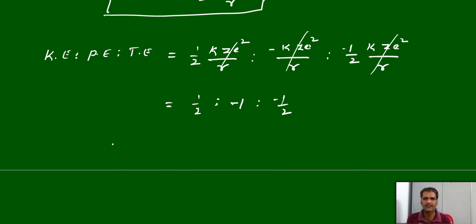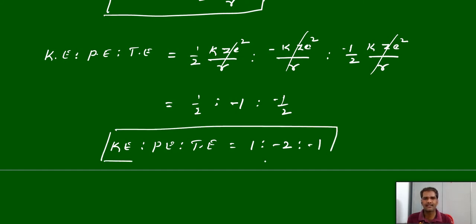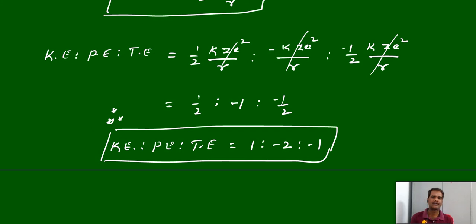Overall the ratio between kinetic energy, potential energy and total energy is 1 : minus 2 : minus 1. Again, this relation is very, very important, the relation between KE, PE and total energy.